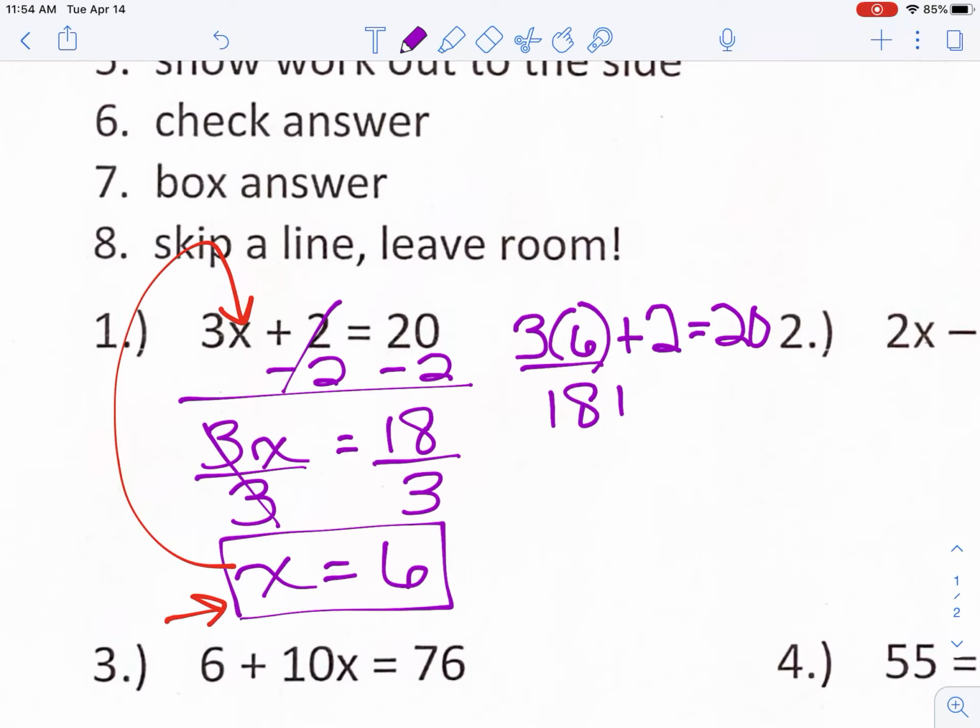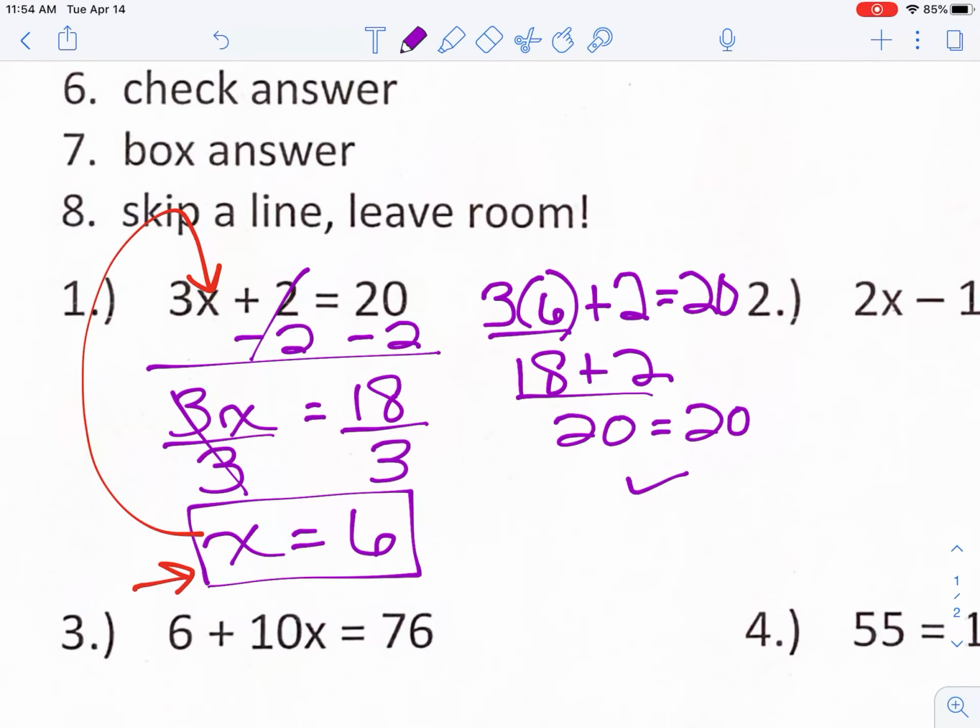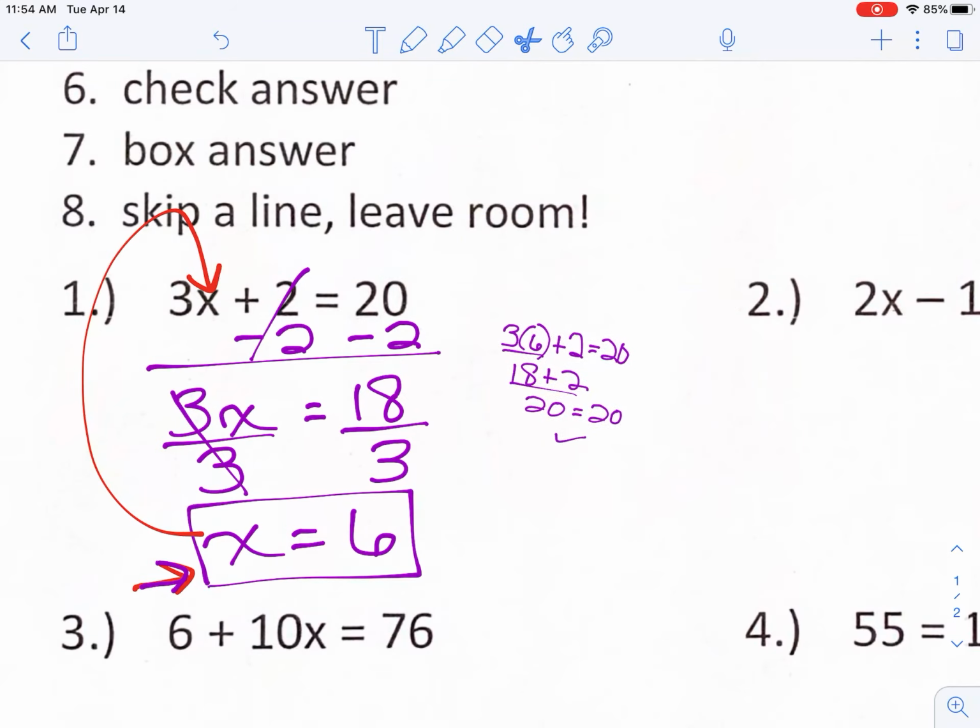If it doesn't, we've done something incorrect. 3 times 6 is 18. Plus 2 does equal 20. It checks out. It makes sense. So whenever you're done with each problem, whatever you boxed in for x, throw it back into the original equation to see if it makes sense.